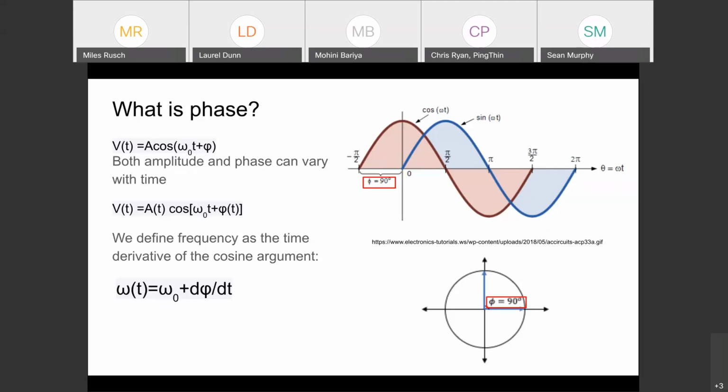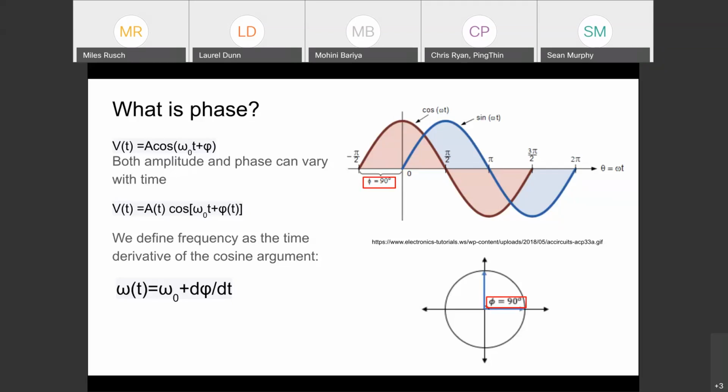And then we can define the frequency as the time derivative of the argument of this cosine. And so in the bottom, we see that under that definition, the frequency would be omega naught, which is the 60 hertz nominal frequency, which is constant, plus this d phi over dt term, which actually does vary with time.